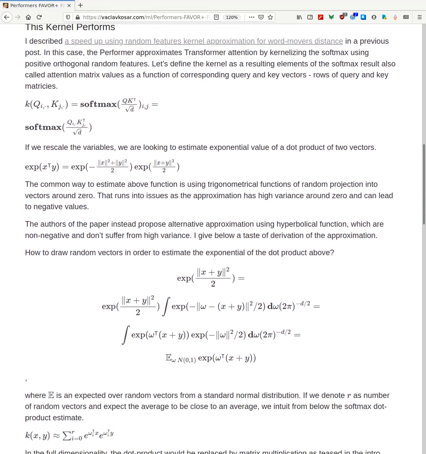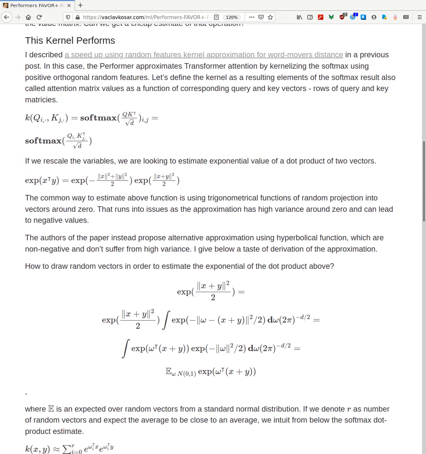And we can do this with kernels actually quite well. As I mentioned, there's another blog post which can give you another insight into the kernels. Also, they use very similar kernel approximations, these random features kernel approximations for word mover's distance in that case.